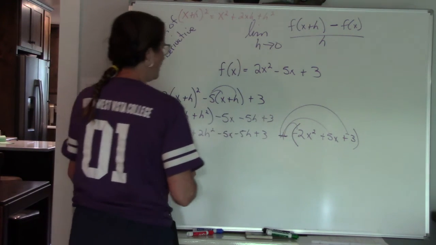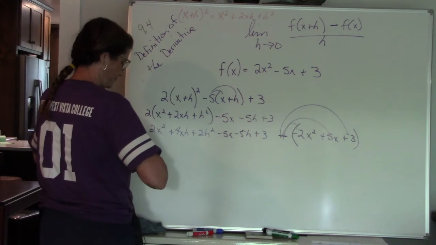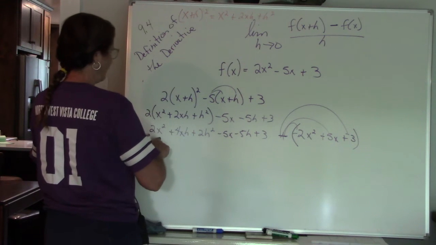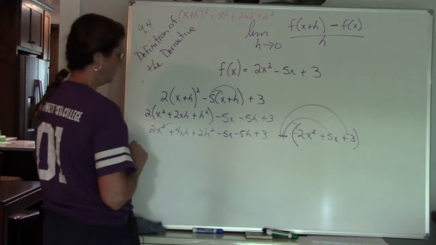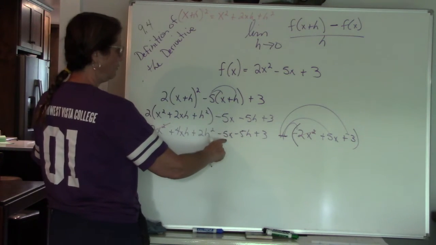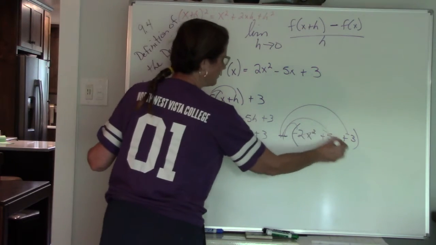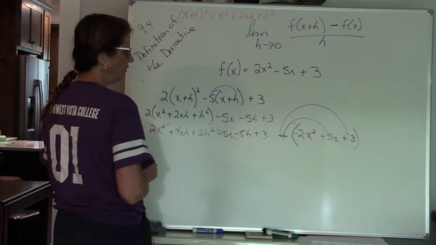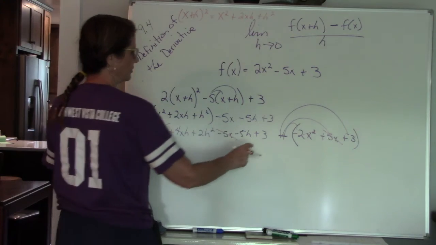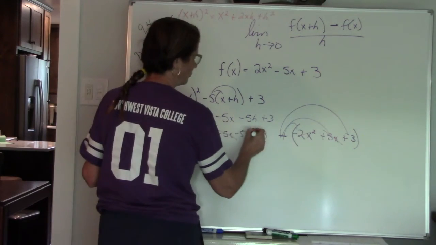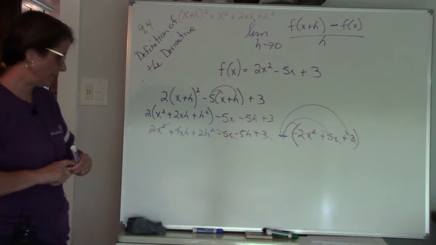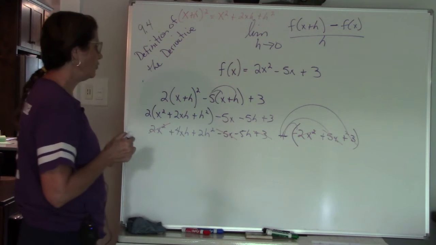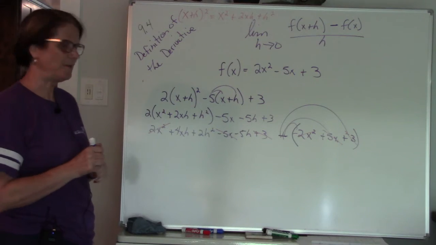Okay, so now I can start canceling. I have a 2x squared and a negative 2x squared. I have a negative 5x and a positive 5x. Anytime I have a negative and a positive of the same thing, they cancel. Positive 3, negative 3. Now, this is the beauty of this definition of a derivative. You're going to be able to do this every single time.